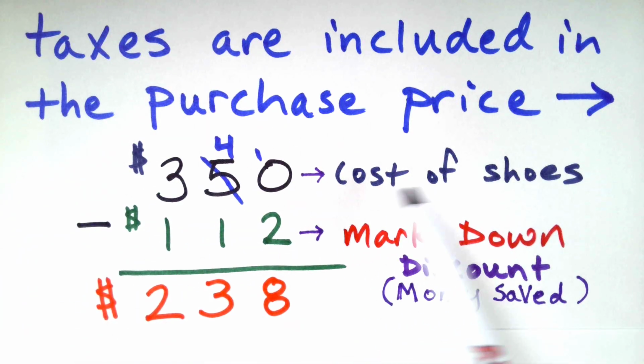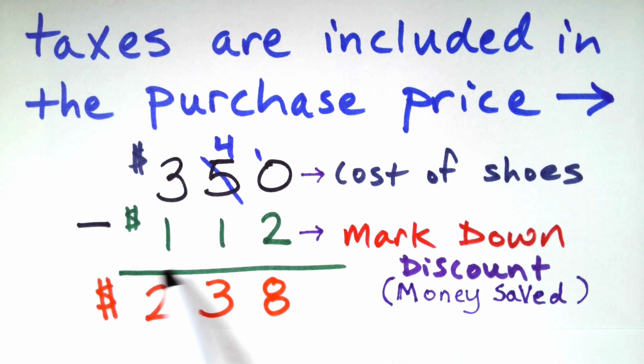So cost of the shoes was $350. Our markdown, or the discount, money that you saved, was $112. We found that in step 1. So go back and watch part 48 video if you're unfamiliar with what I'm talking about.